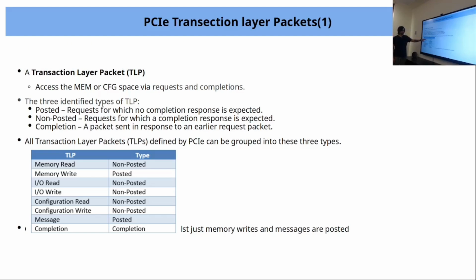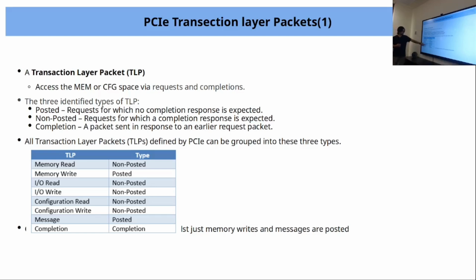Memory read is when we are trying to access some location of the endpoint, which is non-posted because we are expecting some data whenever we are reading. Write is something we are just writing, we are not expecting anything. IO read, we are not using anymore, so I can skip these. Configuration read and write are something we always expect the reply for, even if there is no data, just for the confirmation that the write was successful.